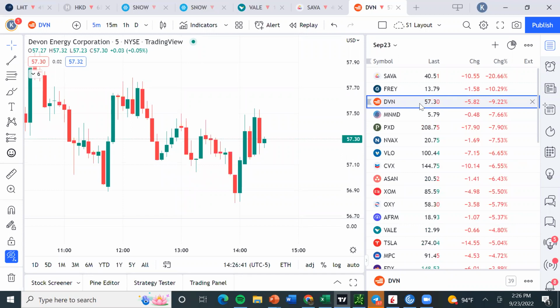SPY is still, right, bulls are fighting to take it over 366.